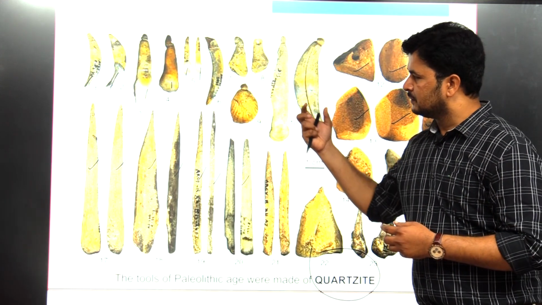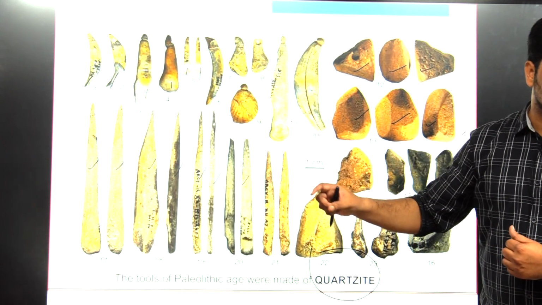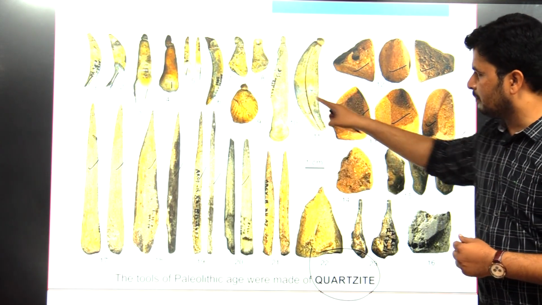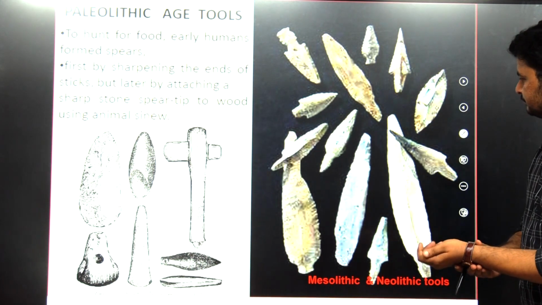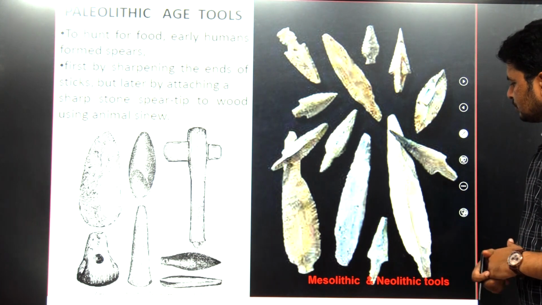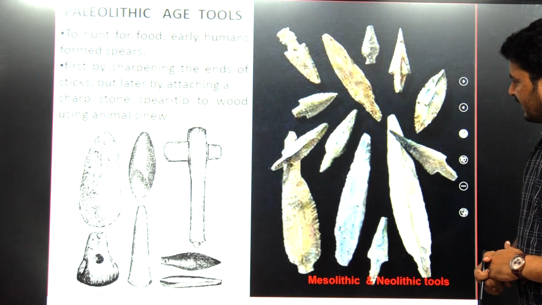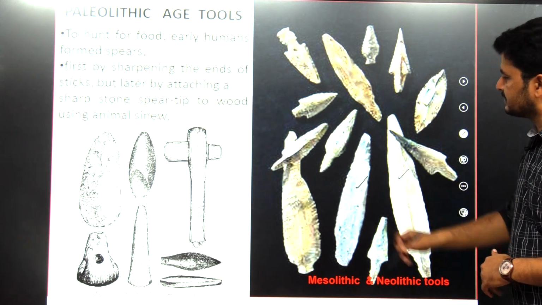As I was telling, these cultures were classified not on the basis of chronology, but on the basis of tool making technology. So these are examples of Paleolithic and Mesolithic tools, please. And besides Mesolithic tools, we even have Neolithic tools, please.